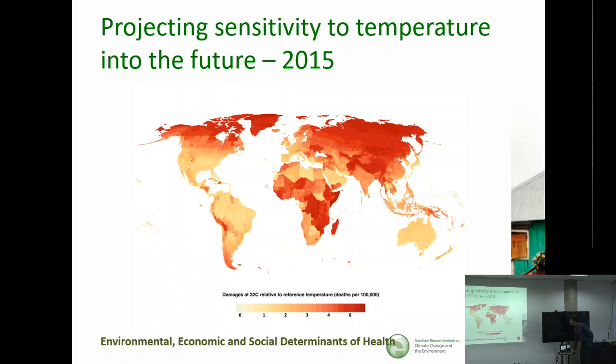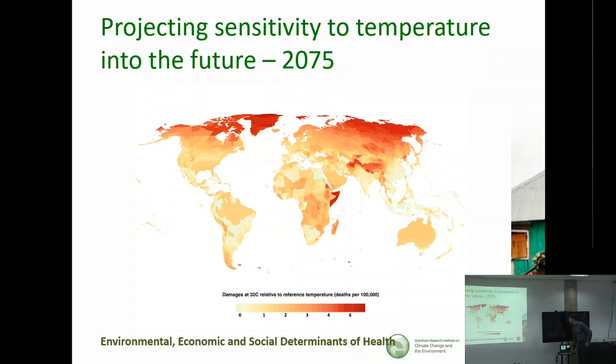And then we can roll this forward and see that by 2050, because people are getting richer and because they're adapting to higher temperatures, that sensitivity to temperature decreases, and decreases further in 2075. And by 2099, there are still some pockets, like Somalia, which remains incredibly poor in 2099 in our projections. But people are much less sensitive because they've adapted.